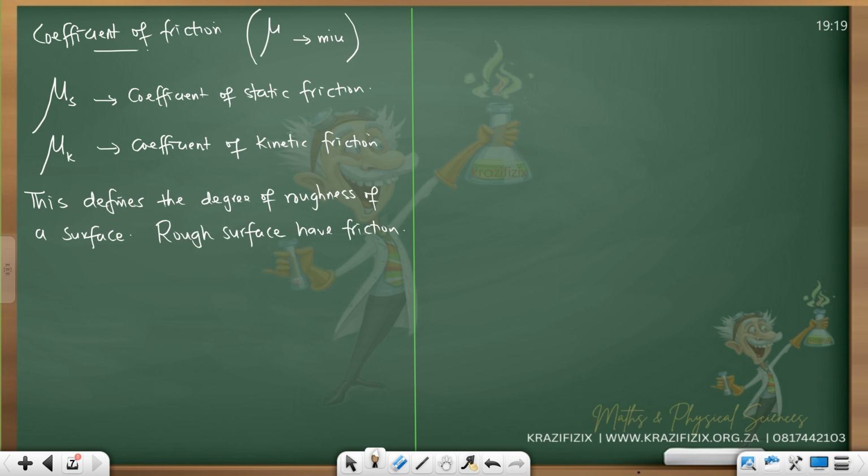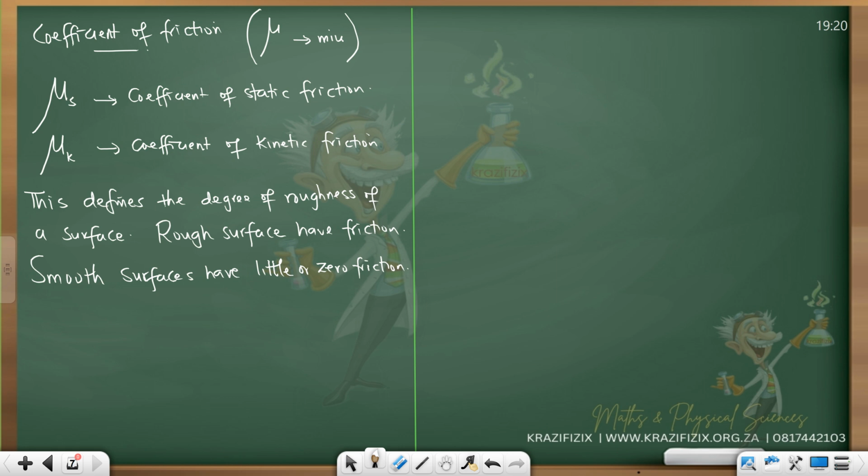Whenever you see in a question the examiner mentions the word rough, it means they're talking about friction. Smooth surfaces don't have friction. Smooth surfaces have little or zero friction.